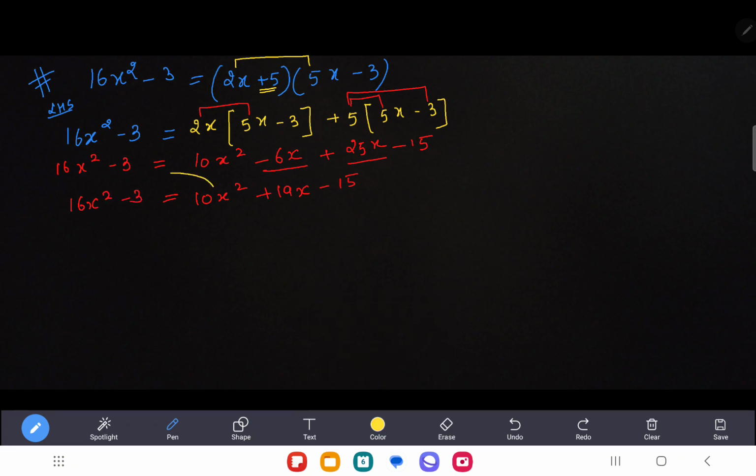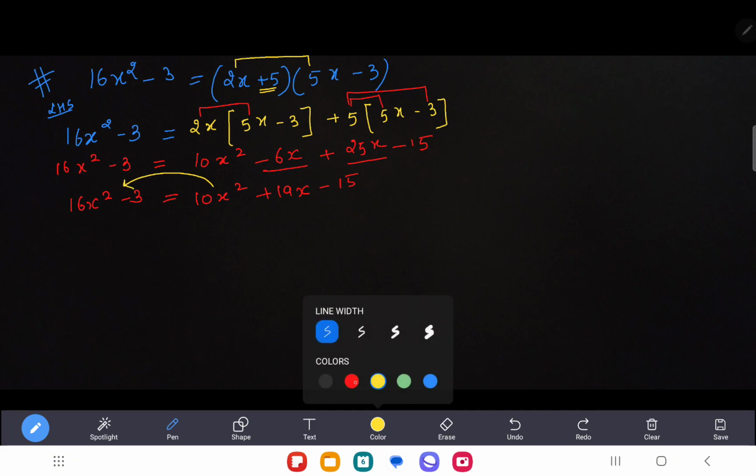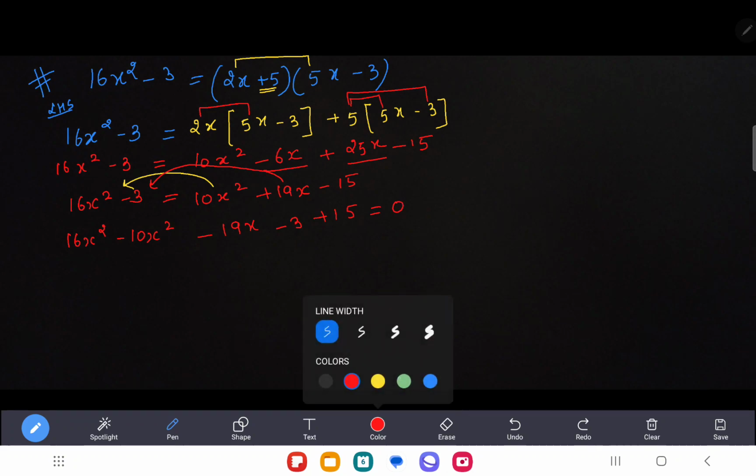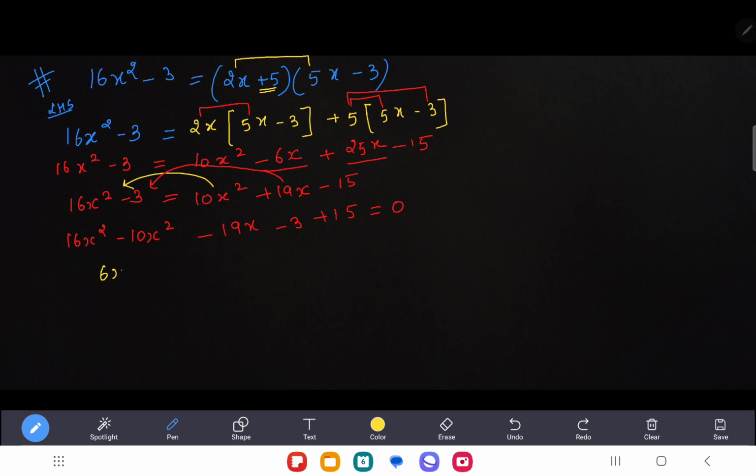So when you bring this right here, it is going to become 16x square minus 10x square minus 19x, because I'm going to bring 19x also to the left hand side, and minus 3 plus 15 shall be 0. So what do you think I will have? I will have 6x square minus 19x plus 12 equals 0, because minus 3 and plus 15, the bigger number shall be my answer.